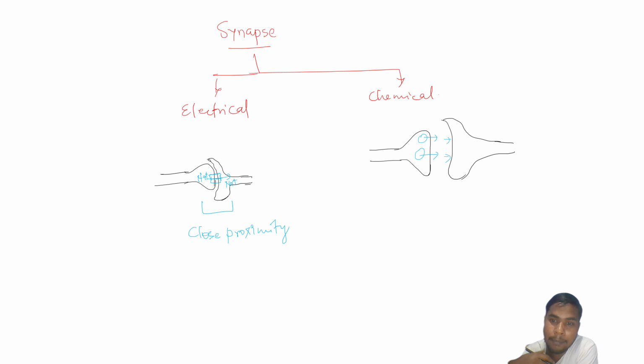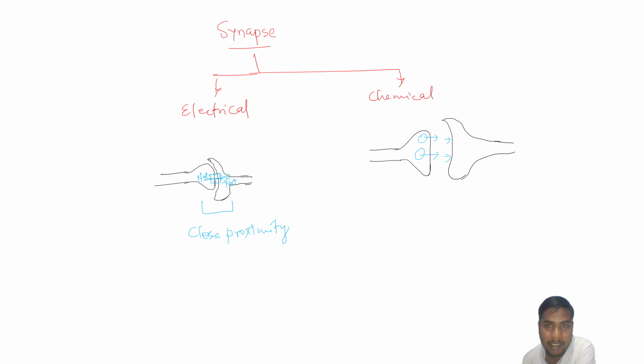Listen, this is a very important point: in electrical synapse there is only flow of sodium ion to change the membrane potential.